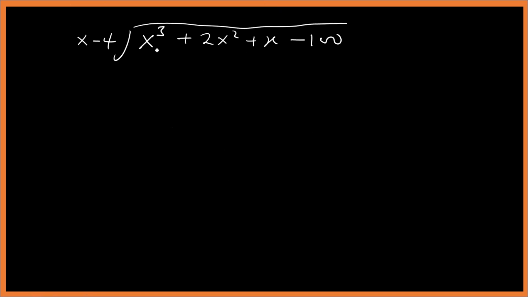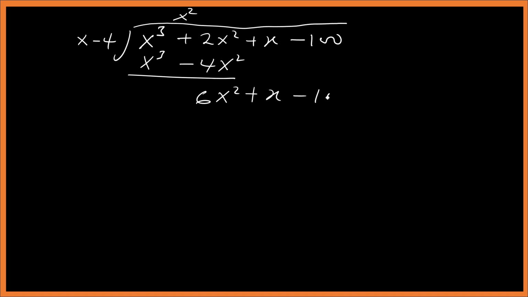So let's start. x into x cubed is x squared. x squared times x minus 4 gives x cubed minus 4x squared. So let's subtract. This one will go. We have 2 minus minus plus, we have 6x squared plus x minus 100. x in this will be plus 6x.